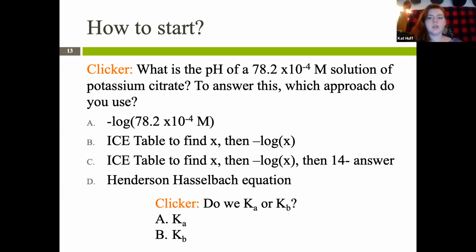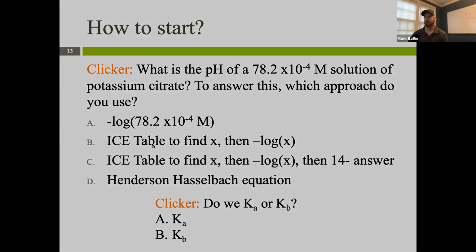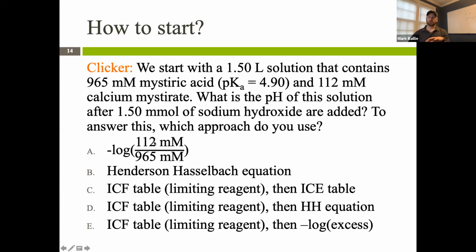You're going to get your pOH out of that, and then you'd subtract 14 minus your pOH and you'd get a pH. Fantastic. So we're probably not going to be able to just look up the Kb value for citrate. We'd probably get the Ka of citric acid, and we'd have to convert that into the Kb in order to answer that question. So we're pretty much out of time.